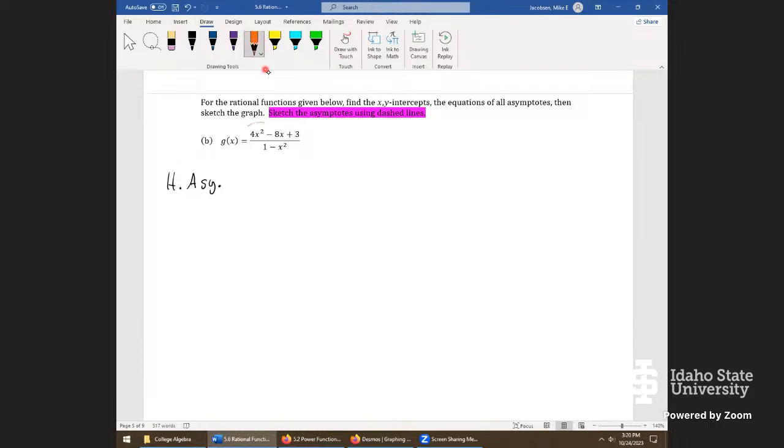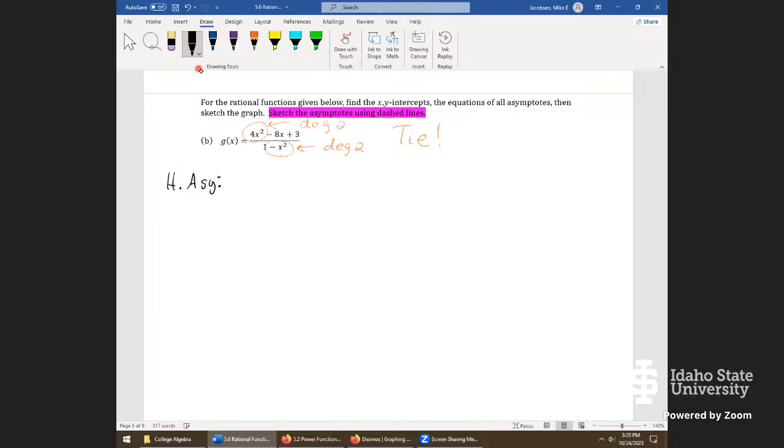From the numerator, right here, let me target that arrow better, degree 2. From the denominator, don't forget the negative sign is also important. We have degree 2. And so this one is the tie.